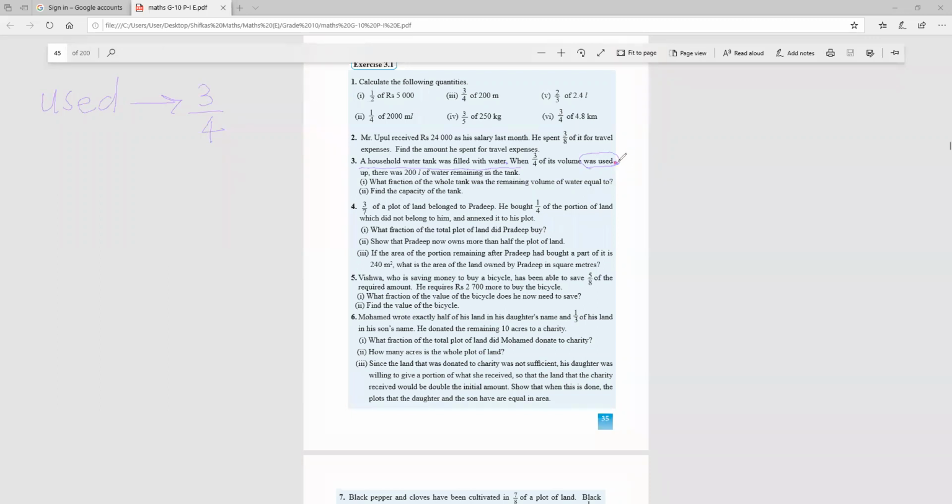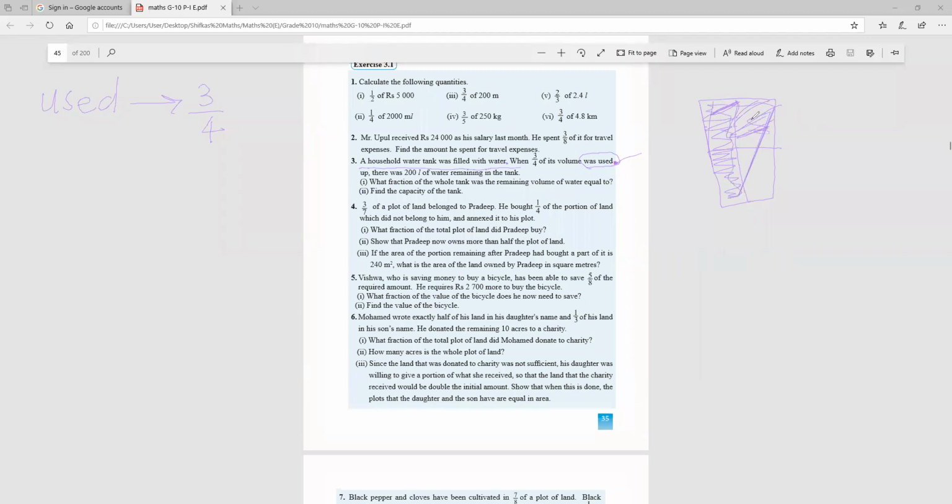With this full stop, I have finished reading. After using 3/4 of the tank, okay, the tank is divided into 4 equal parts. I have used 1, 2, 3 portions. How much is balance?